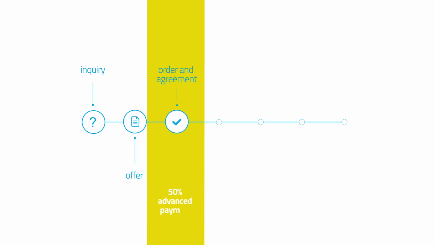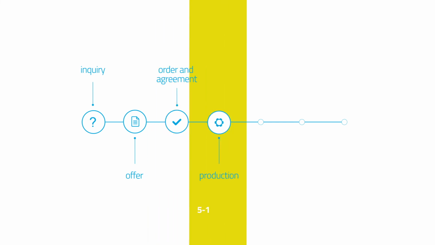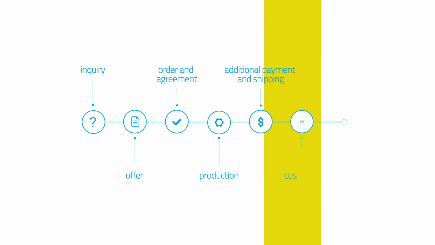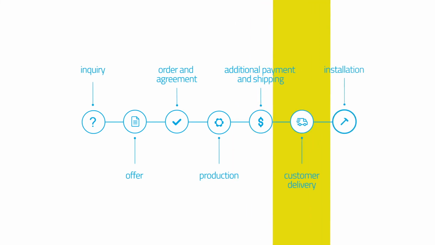After the offer's acceptance, the order agreement is concluded and the customer commences the production process by paying a 50% advance payment of the full amount. The production takes from 5 to 10 weeks. After the full amount is paid, the manufactured and packed luminaires can be shipped. The customers receive the order and start the mounting process.